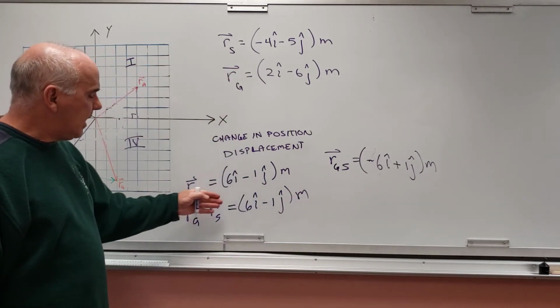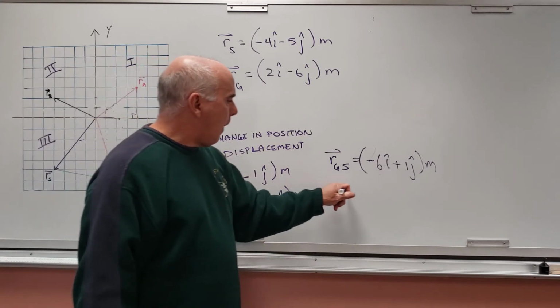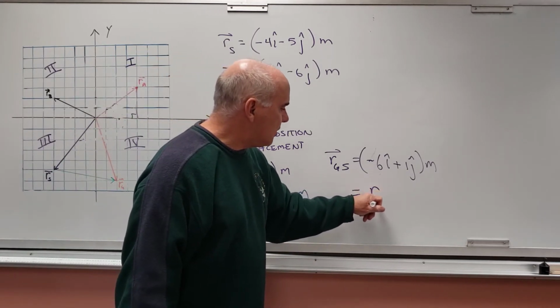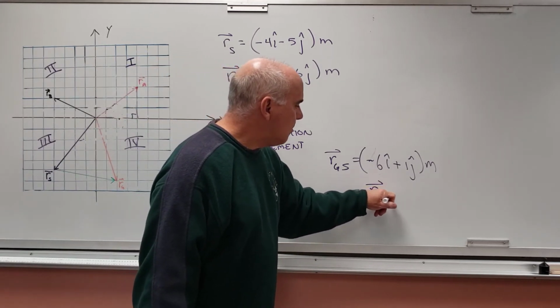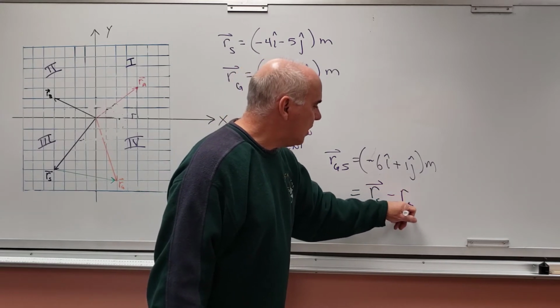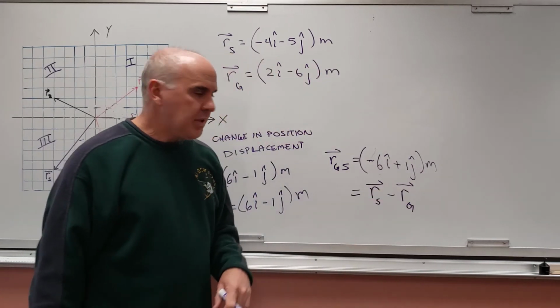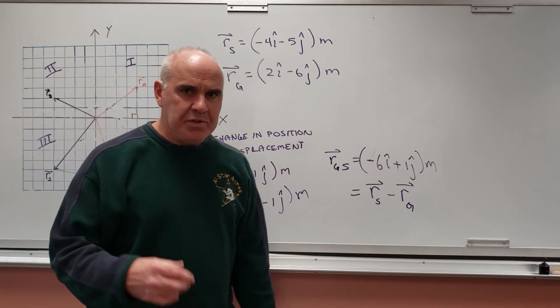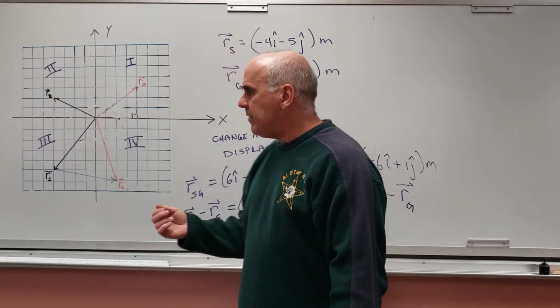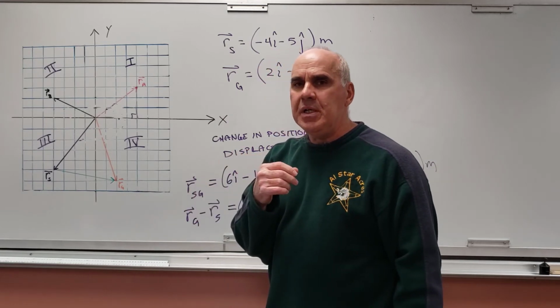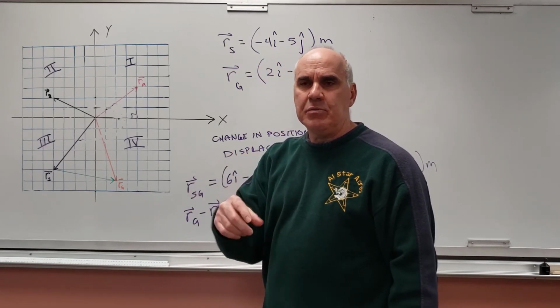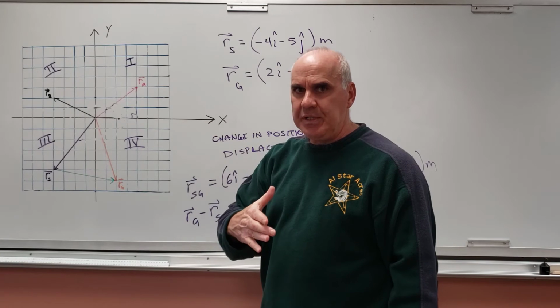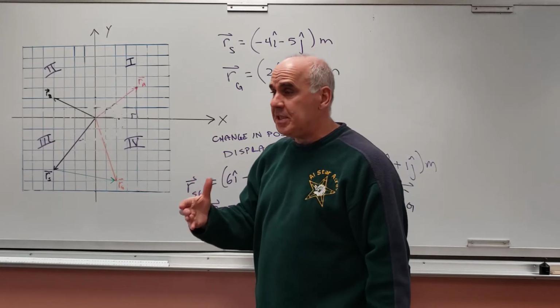Okay, so that's the standard subscripting in statics. This would be the position of Shelby minus the position of Grayson. Okay, so that's how you would find that. Now, I do want to bring up one other different way of looking at this, and this is what we call relative position. Again, in dynamics, we'll get into this in more detail, but I want to at least mention it here.